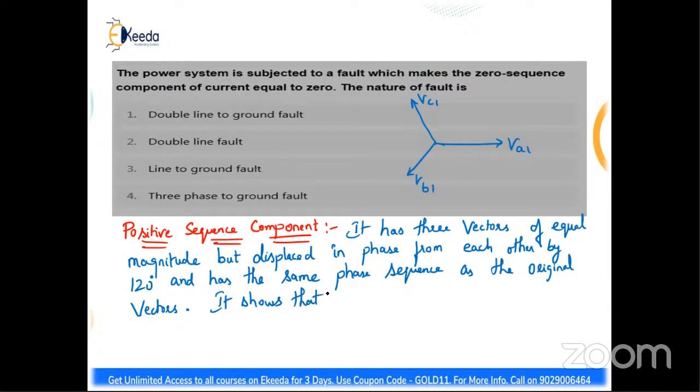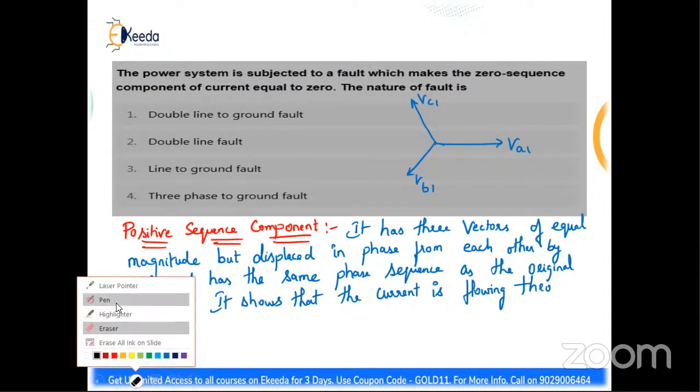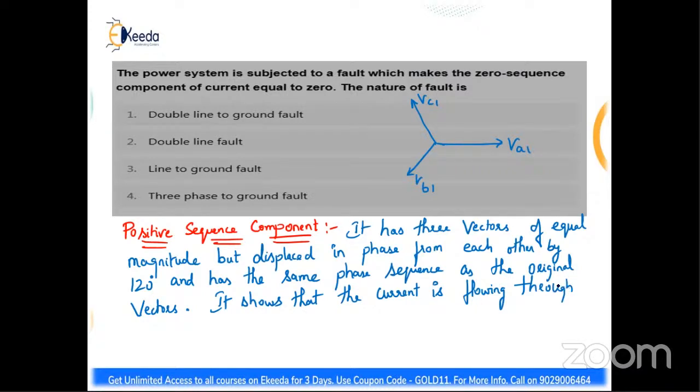It specifies that the current is flowing from source to load.